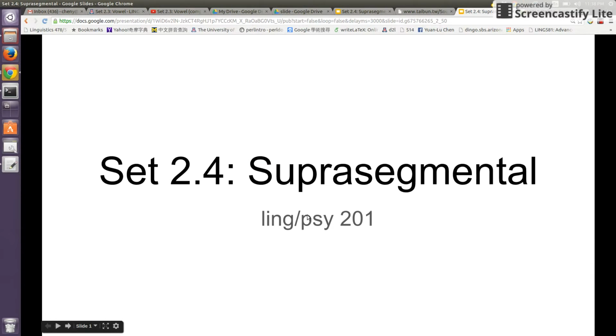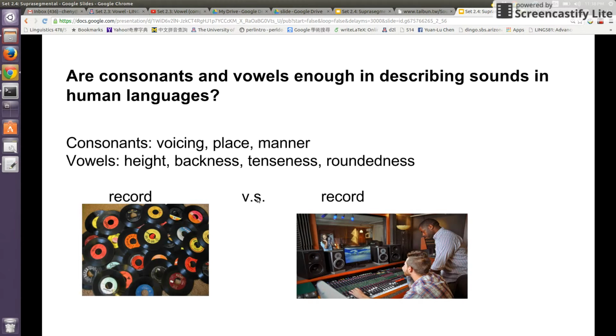Okay, today's set 2.4 is suprasegmental features. We already talked about consonants and vowels. However, are consonants and vowels enough in describing sounds in human languages? The answer is no. But before we discuss this, let's review the features of consonants and vowels.